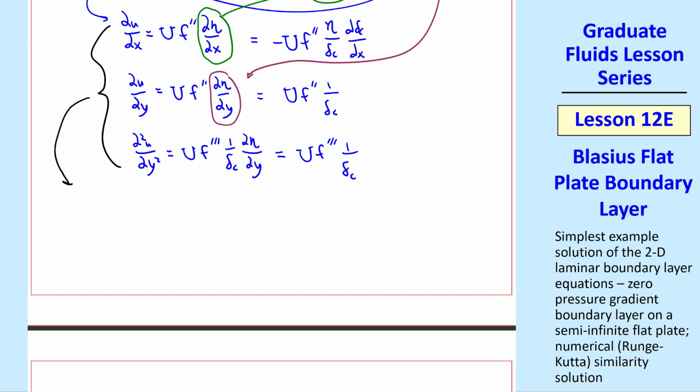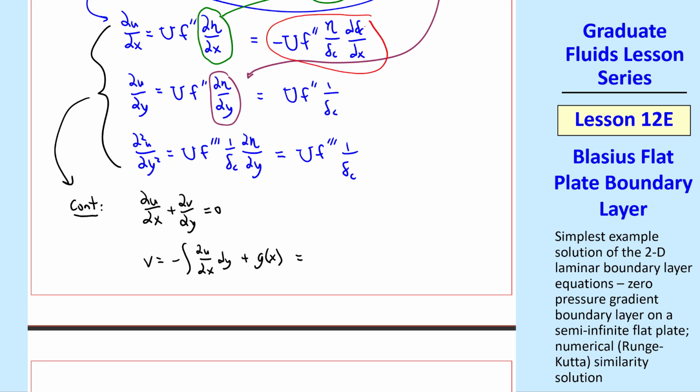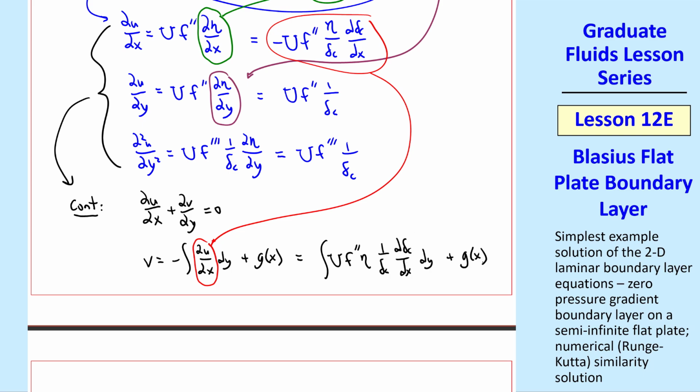We plug all these derivatives into our continuity equation, which we first integrate to get v. We must add some arbitrary function of x when we do this partial integration. Using this equation for del u del x, we have the integral of U f double prime eta 1 over delta c d delta c dx dy plus our g of x.